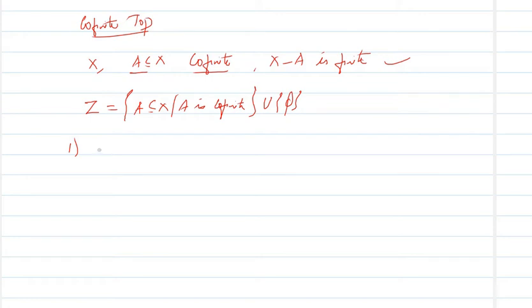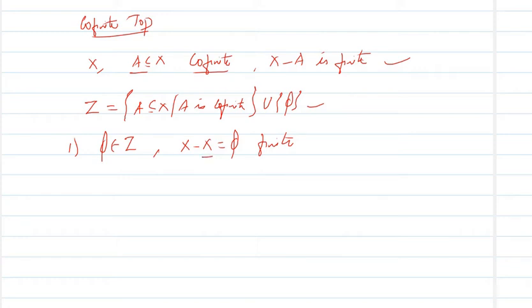For that, clearly phi belongs to tau because it is the set of all A subset of X where A is cofinite, union phi. So phi is obviously in tau. And next one is X minus X. What is X minus X? That is phi, which is finite.